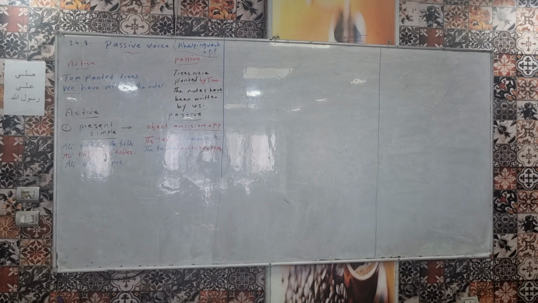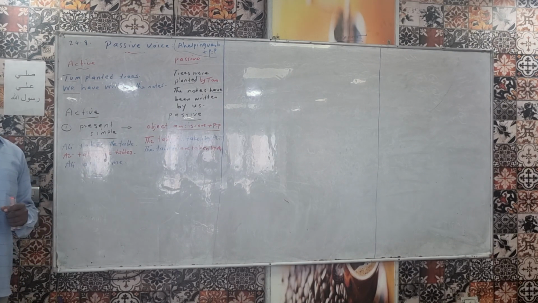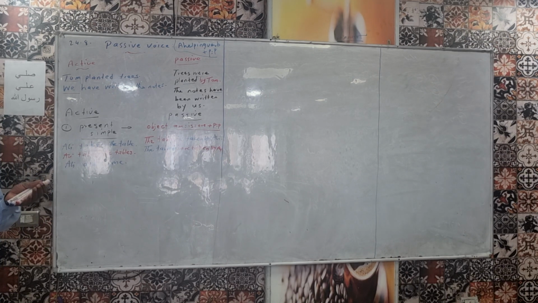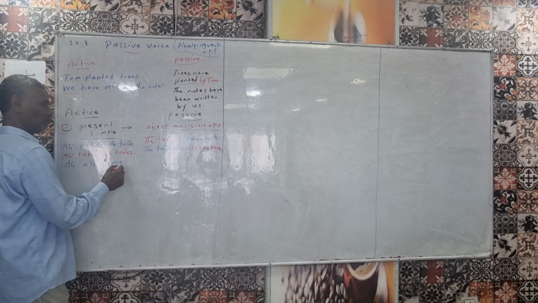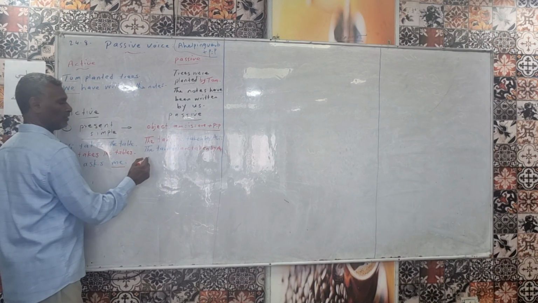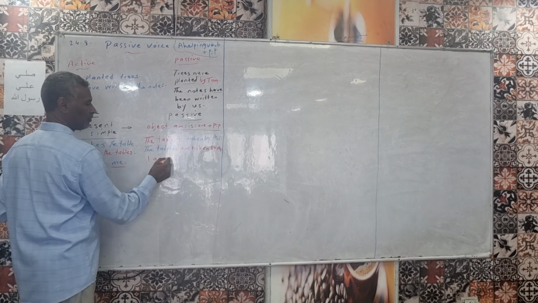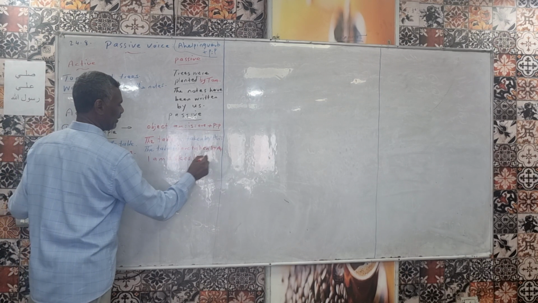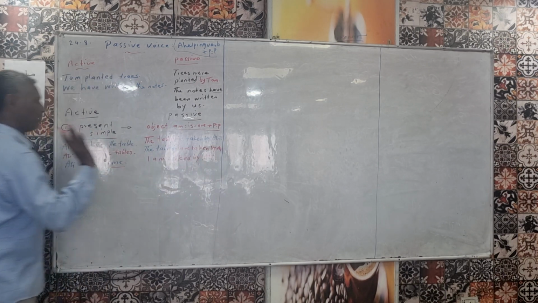The subject is Ali, the tense is asks, the object is me. So we begin with the object. I am asked by Ali.